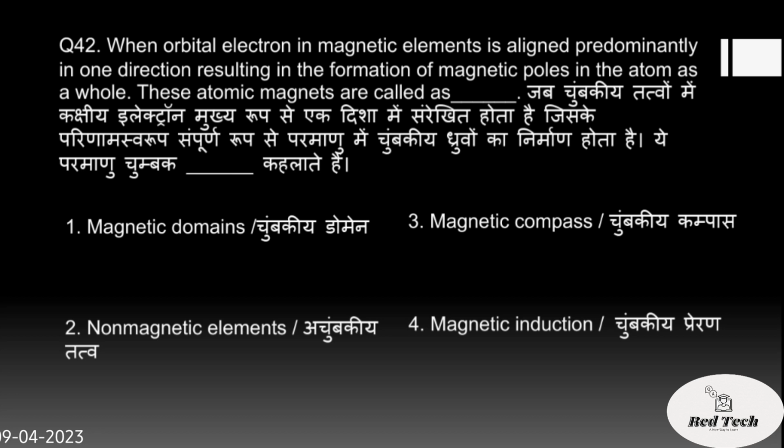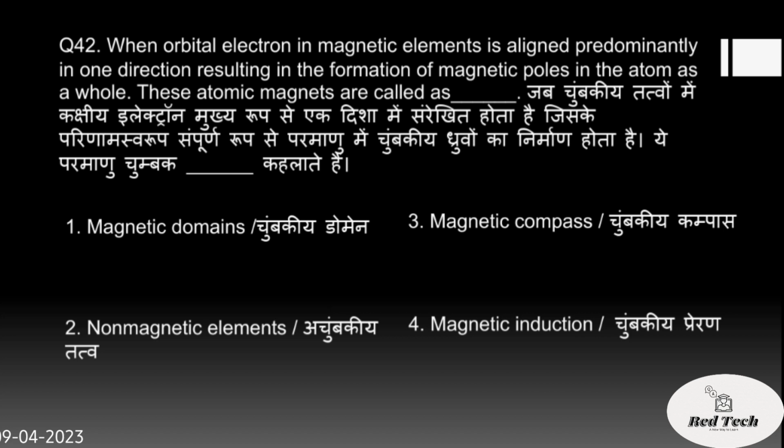Question number 42. When orbital electron in magnetic element is aligned predominantly in one direction, resulting in the formation of magnetic poles in the atom as a whole, these atomic magnets are called.